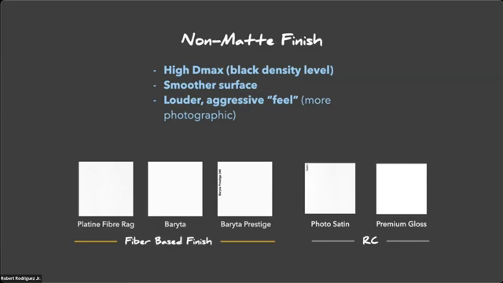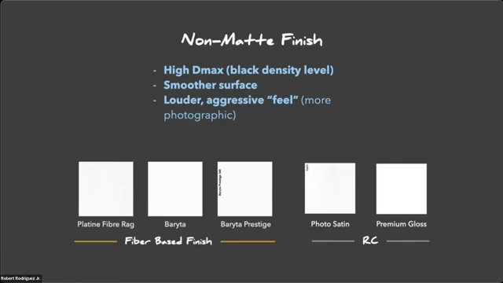And so if I'm looking for something like that, Platine or Baryta, that's usually one of the papers that I select when the shadows are what I would call a major compositional component of an image. And again, I will show you examples of that.